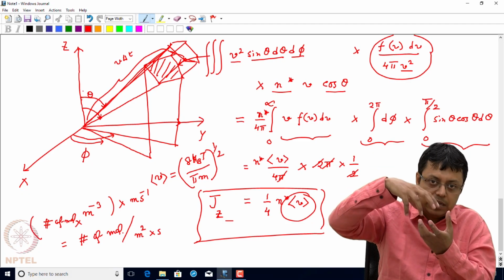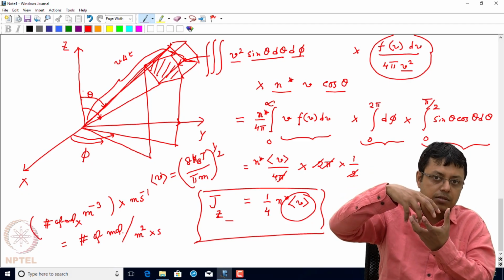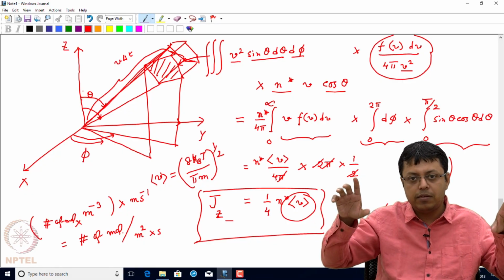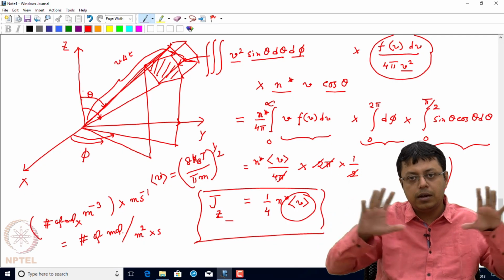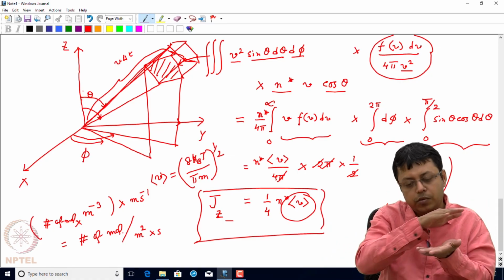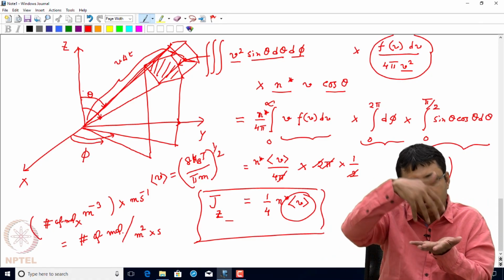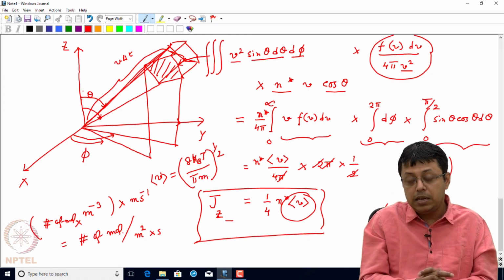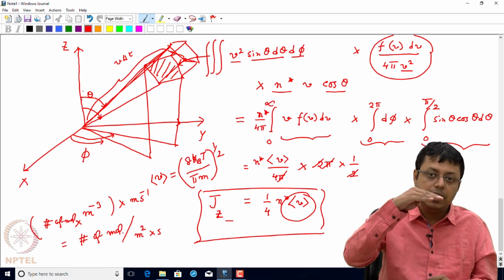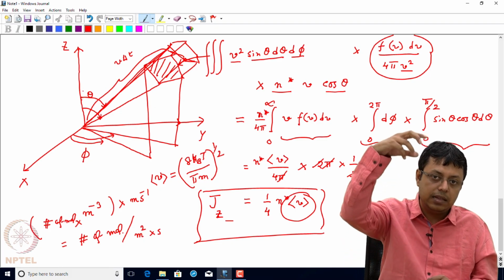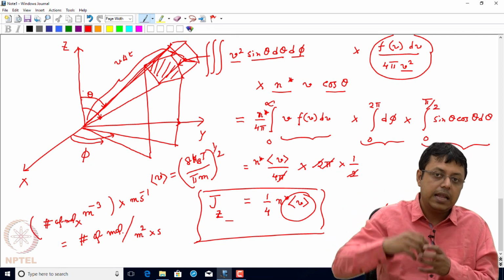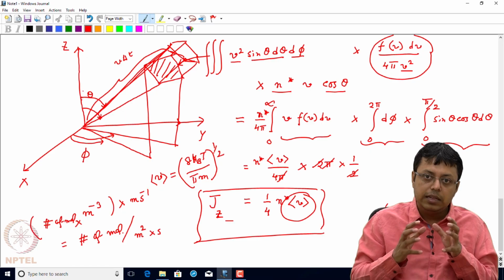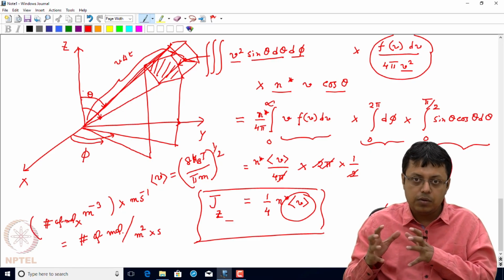But is there any net flux across the surface? For an isotropic system, like a container with a gas in perfect equilibrium, if you consider any plane, the net downward flux and net upward flux are the same, so the net flux will be 0. But if there is a concentration gradient or pressure gradient along the z-axis, then the flux will be very different, and you can have a net flux going in a particular direction. That we are going to calculate right now.